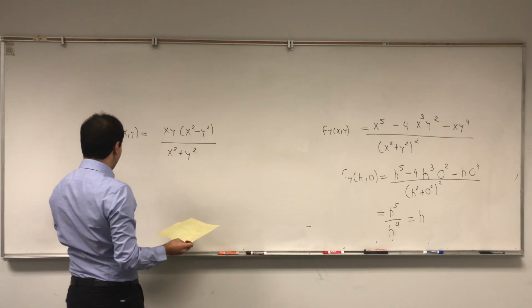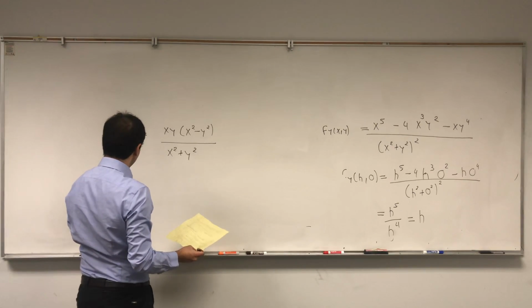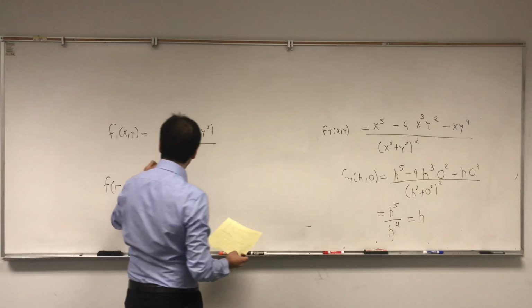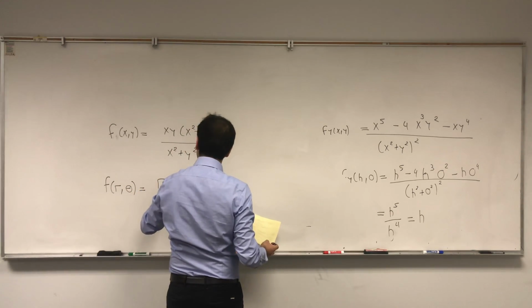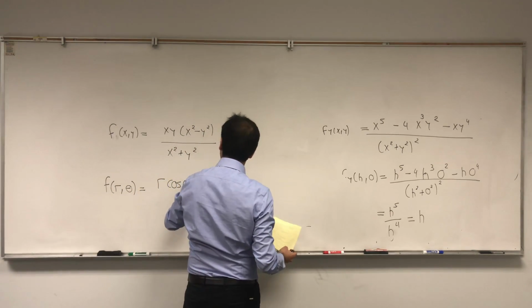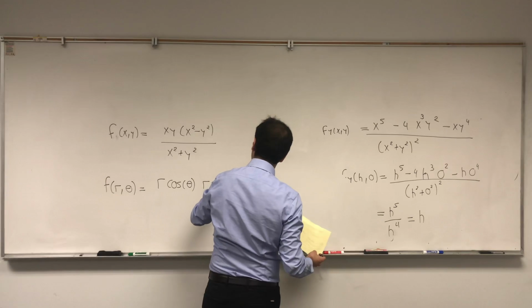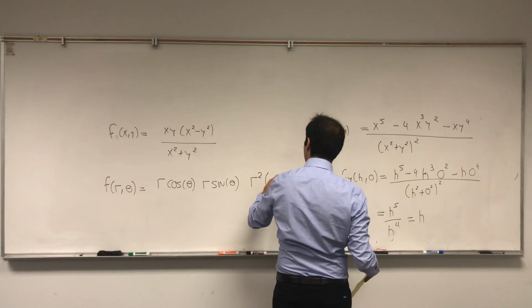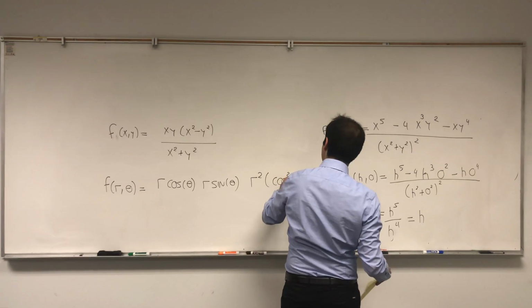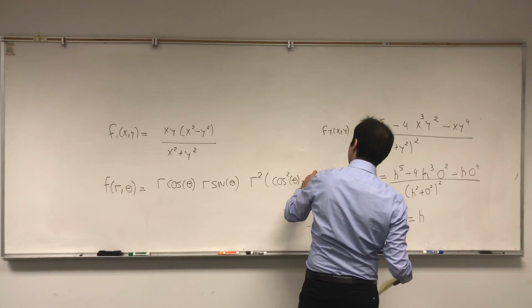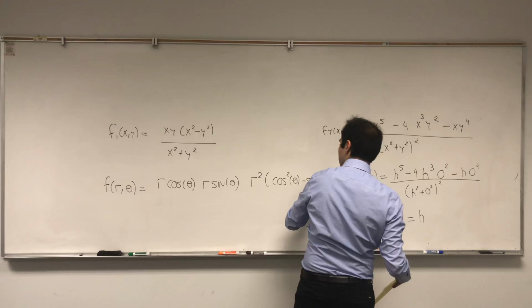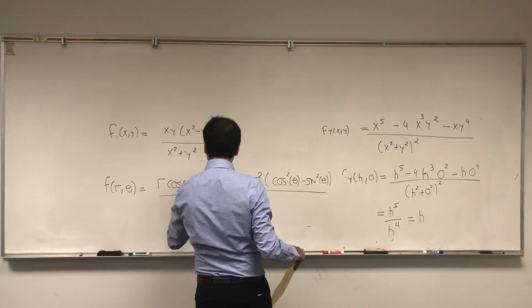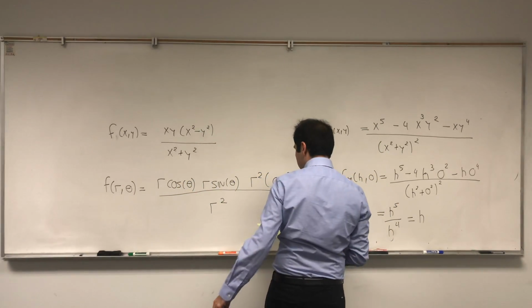Now, if you just let polar coordinates happen, then x is r cosine theta, y is r sine theta, and then x squared minus y squared just becomes r squared times (cosine squared of theta minus sine squared of theta), and x squared plus y squared is just r squared.